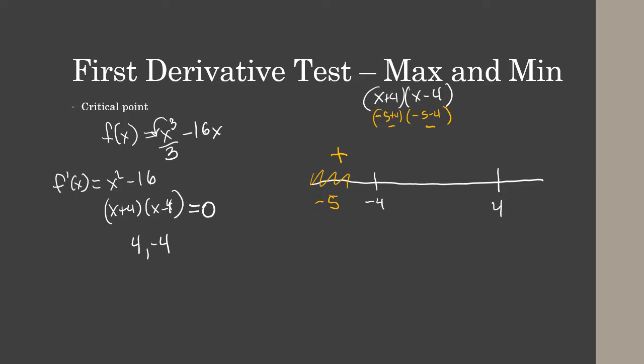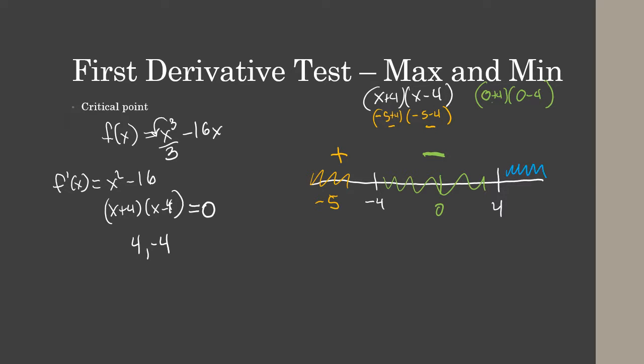Now let's look at our second interval. Let's pick a nice easy number here. Let's do 0. We've got 0 plus 4, 0 minus 4. That means that we have a positive and a negative multiplied together, resulting in a negative here, and a negative derivative or negative slope.